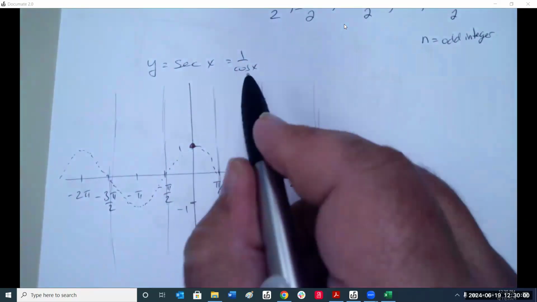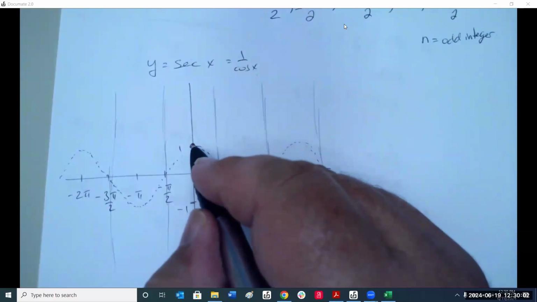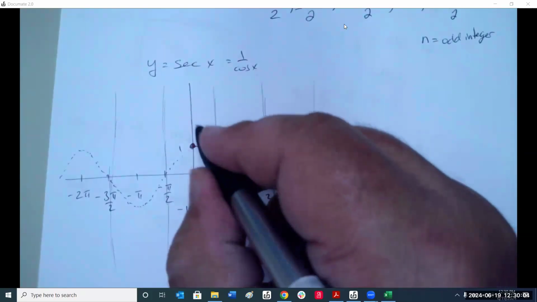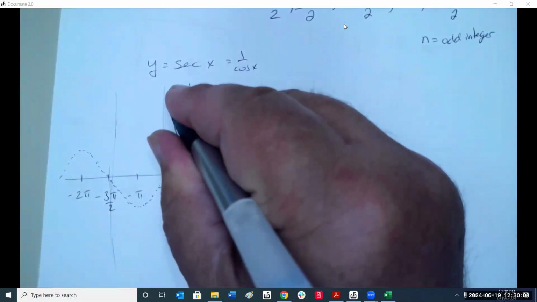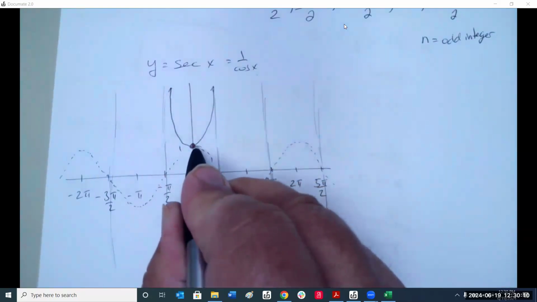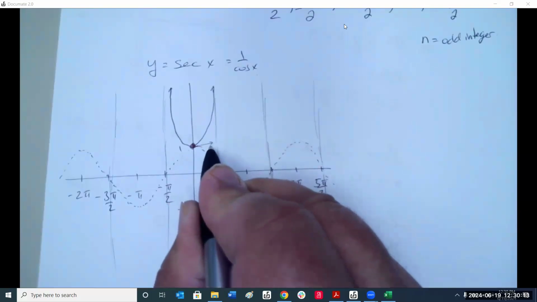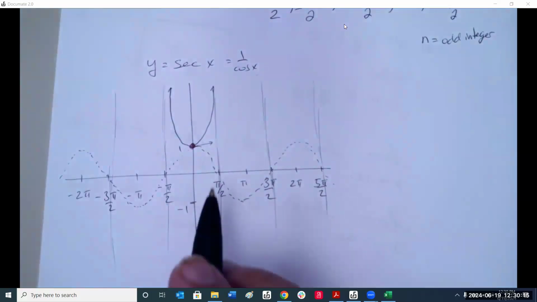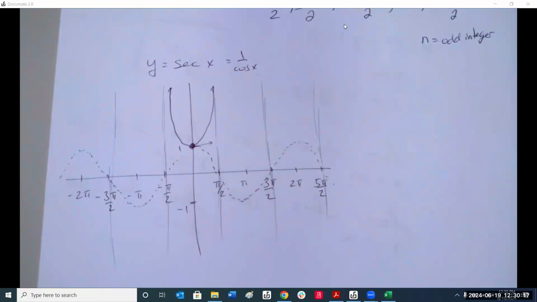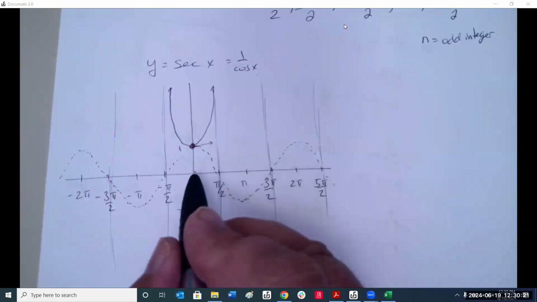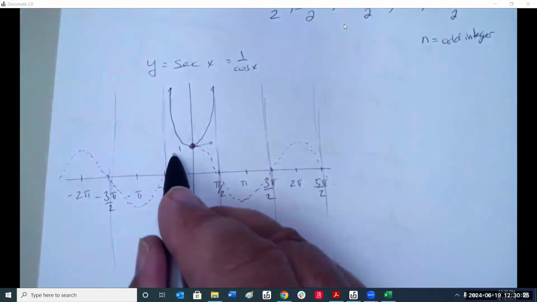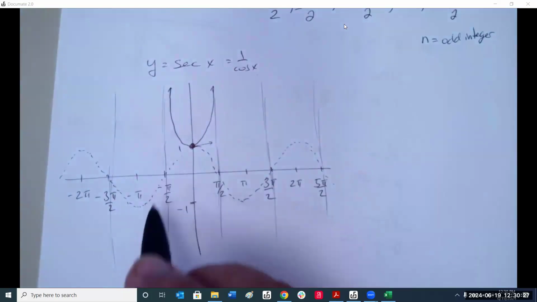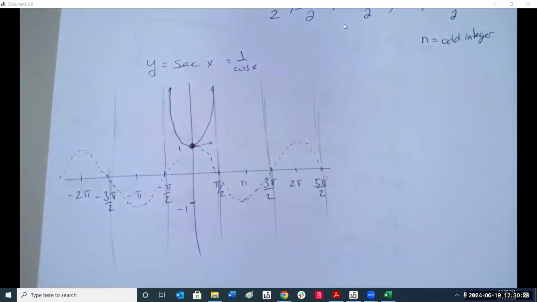At 0, cosine of 0 is 1. That's the lowest it can be. Because from here, as cosine gets closer to pi over 2, what happens to the values? They go to positive infinity. As x goes to negative pi over 2, it goes to infinity.